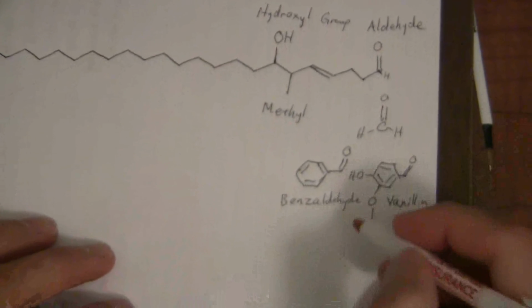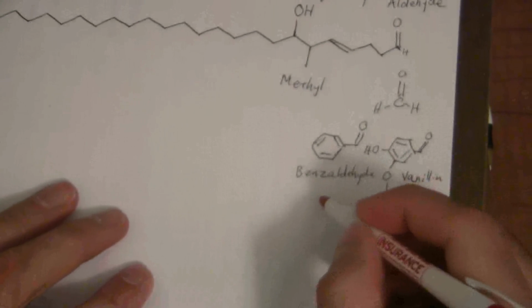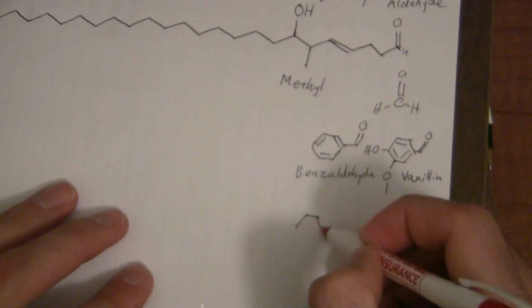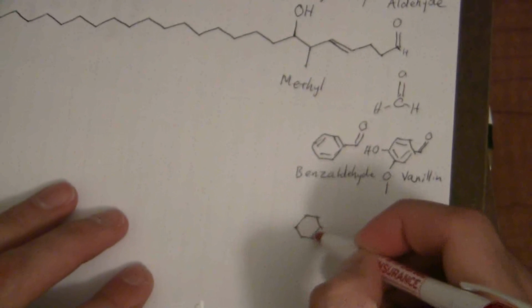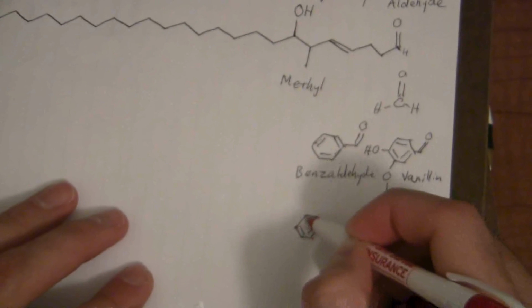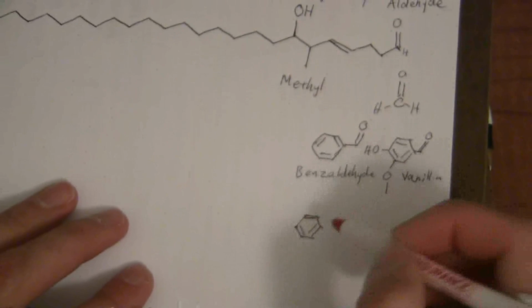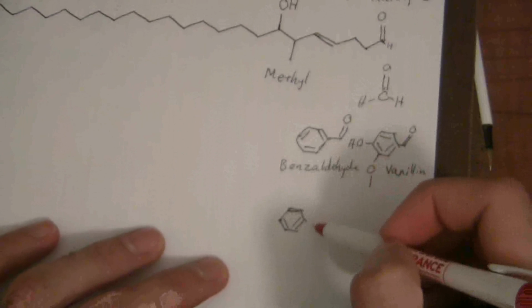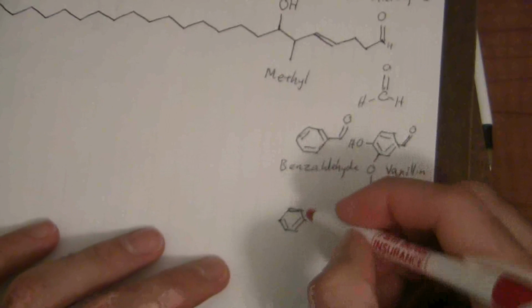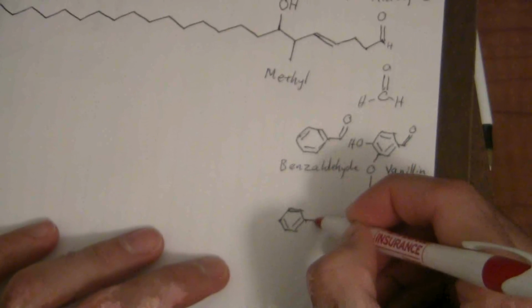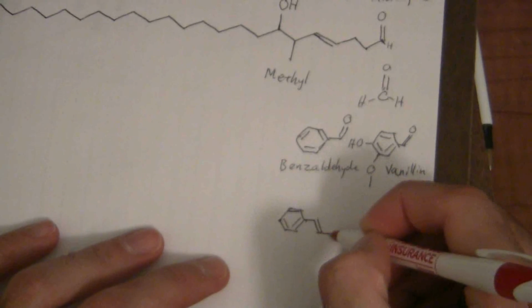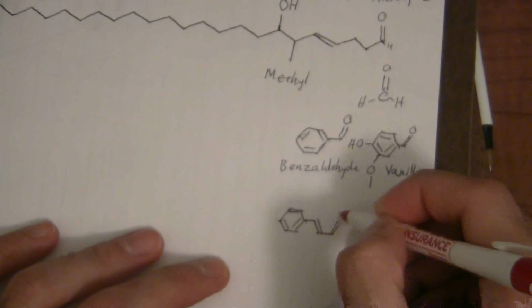And then one other one just to round out the examples from natural sources. Now, don't get the idea that all naturally occurring aldehydes have this six-membered ring on them, but these examples just happen to. This particular one looks like this.